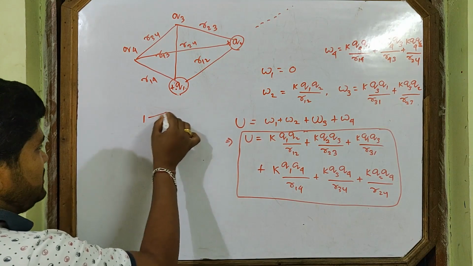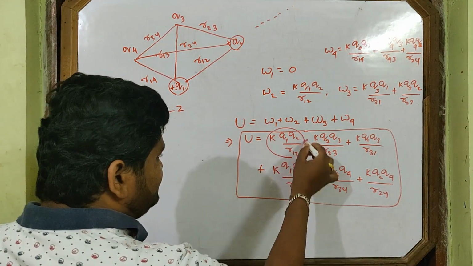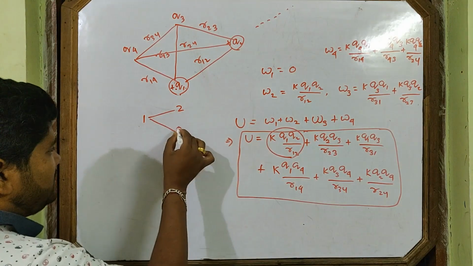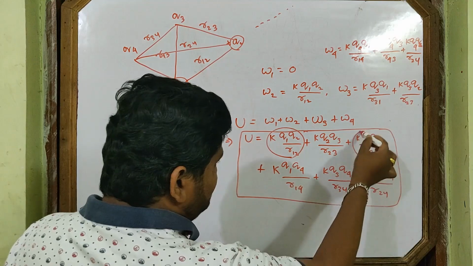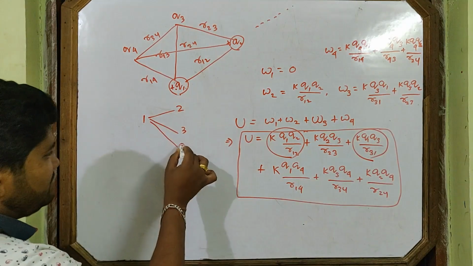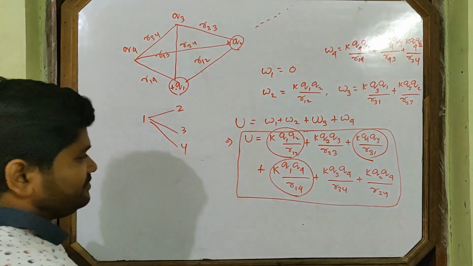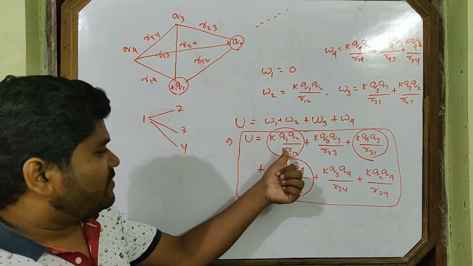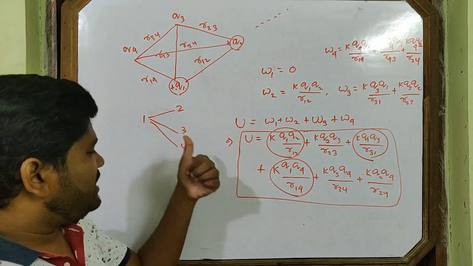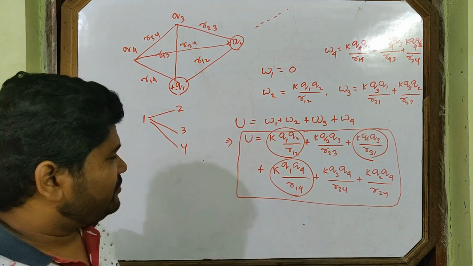You see 1, 2, this term. Then 1, 3, see 1, 3, this term. Then 1, 4, see 1, 4, this term. You have to write it like this: K Q1 Q2 by R12, Q1 Q3 by R13, Q1 Q4 by R14.